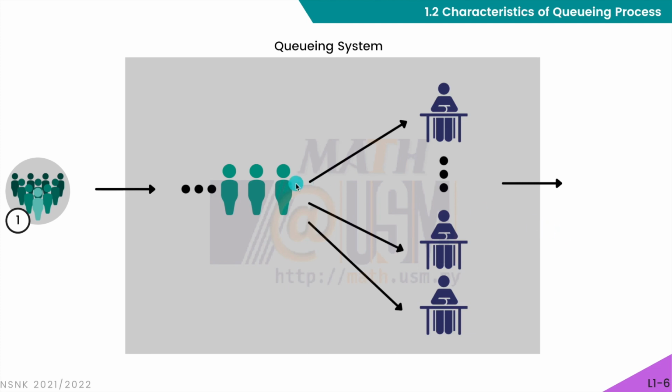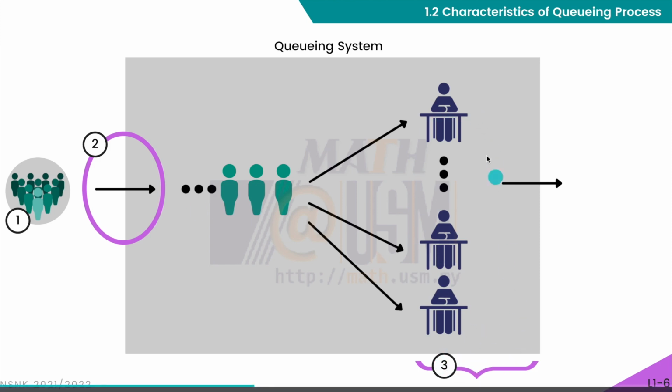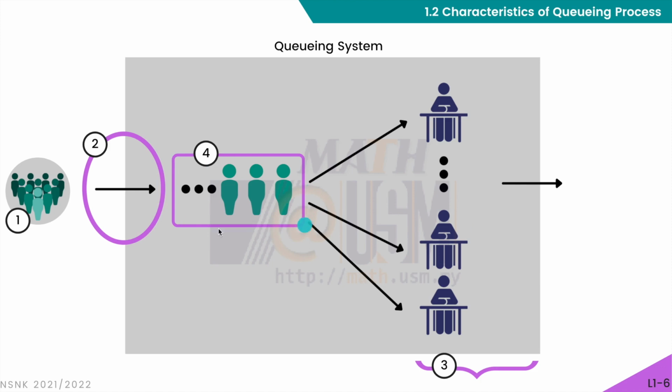The first factor is the calling population. The second factor is the arrival pattern of the customers. The third factor is the service pattern, which involves the service time as well. The fourth factor is the system capacity, the maximum number of customers allowed to wait in the queue.